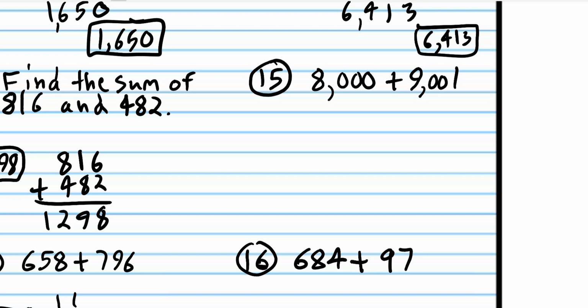Right, number 15. Pause the video. And when you come back, we'll do it together. All right, we're back. 9,001 plus 8,000. Line up your numbers. Again, the most important thing is to line up your numbers. You see how I'm kind of off here?